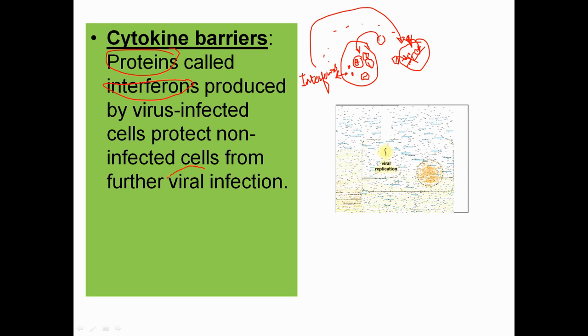What we have to learn is that in case of viral infection, interferons are released. This is the kind of learning we need to develop during the course of this chapter. By now, we have learned that innate immunity is provided by barriers that are physical, physiological, cellular, and cytokine. These four kinds of barriers we have discussed.